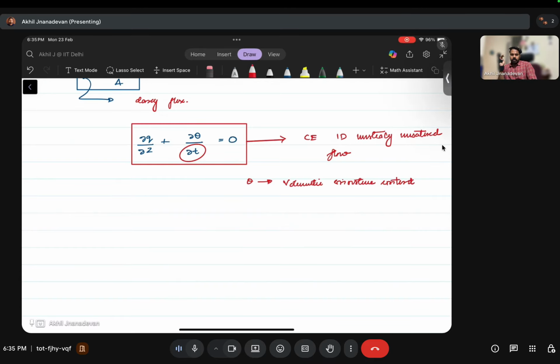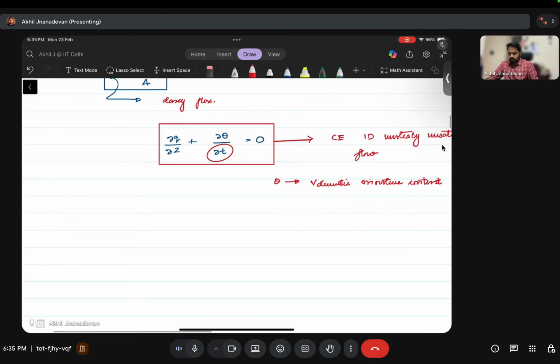So the Darcy flux changes in the z direction, and the volumetric moisture content changes with time. These two changes represent the continuity equation for unsteady unsaturated flow.